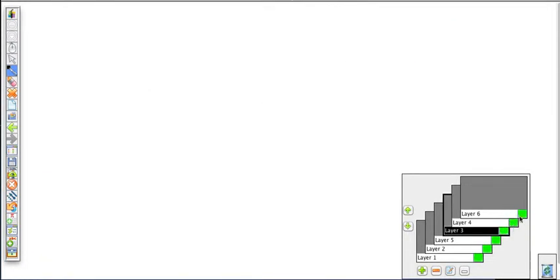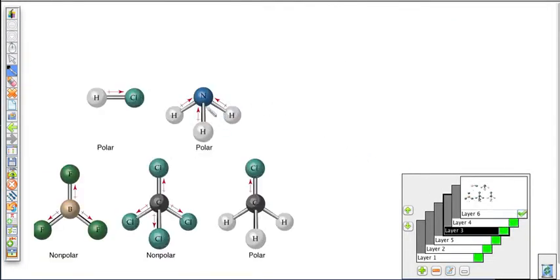All right, so let's look lastly at polarity. Whenever we're sharing electrons, if you look here, oftentimes what happens is that one of your atoms, in this case nitrogen, is going to have a stronger electronegativity. And if you remember, electronegativity is how hard it pulls electrons to itself.